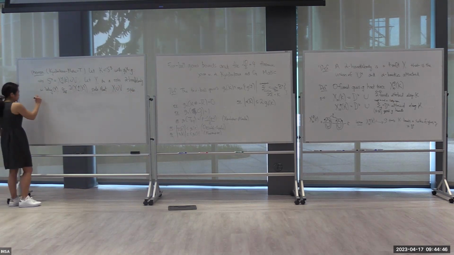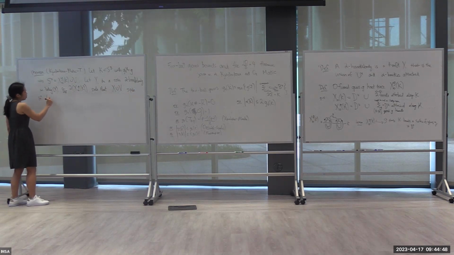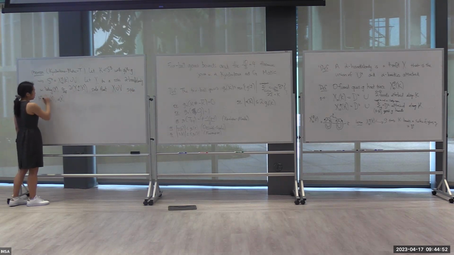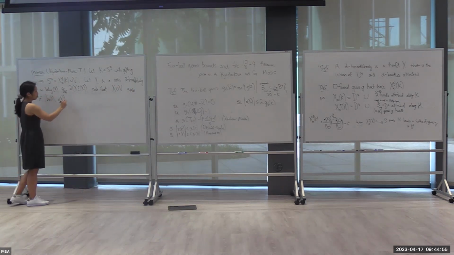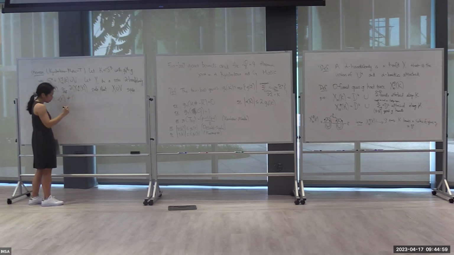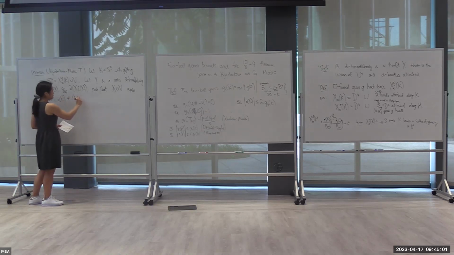So under these conditions, if we look at b2 of X and the signature of X, we can find a relation on them as long as we're not in one of the exceptional cases.